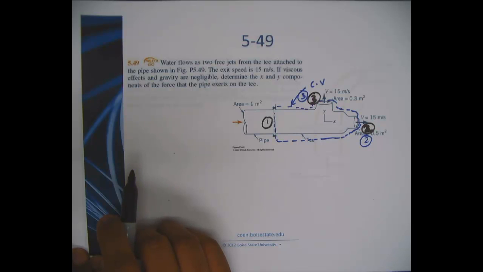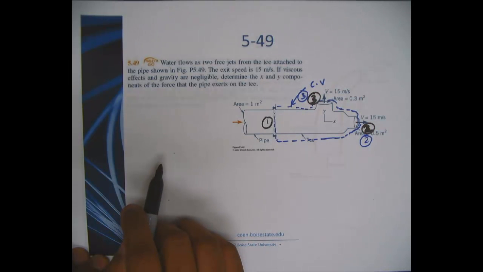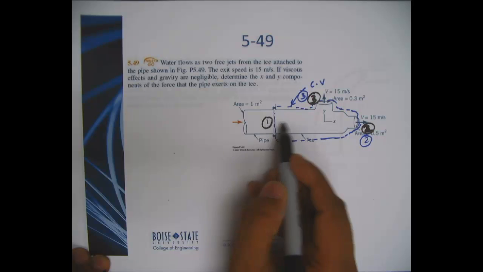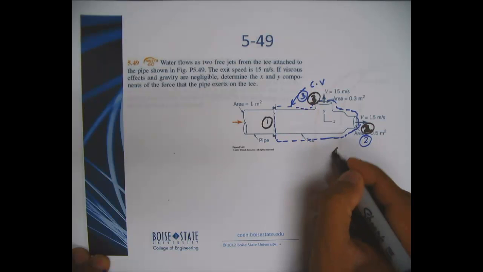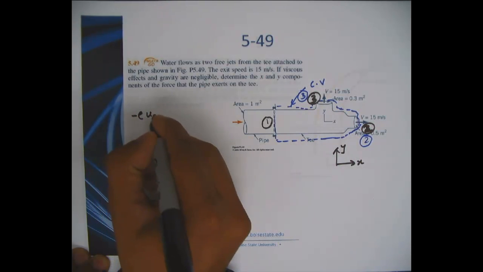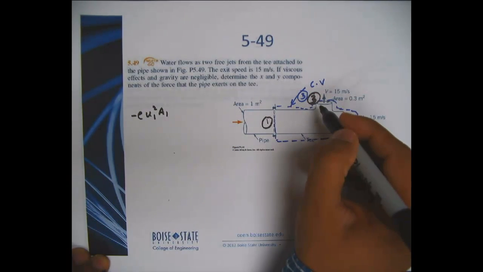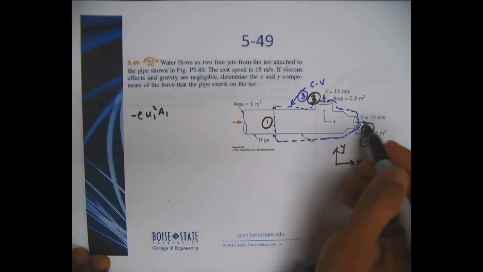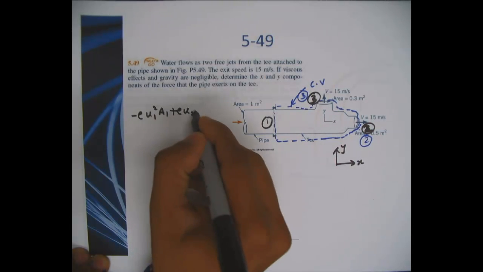We can write the conservation of linear momentum in the x direction. Let's try to do that. If you look at section 1, the velocity is going this way, whereas the normal is this way. If I represent this as x, this is y, I can write this. And at section 2, the velocity is going out in the positive x direction and the normal is also outside, so everything will be positive.